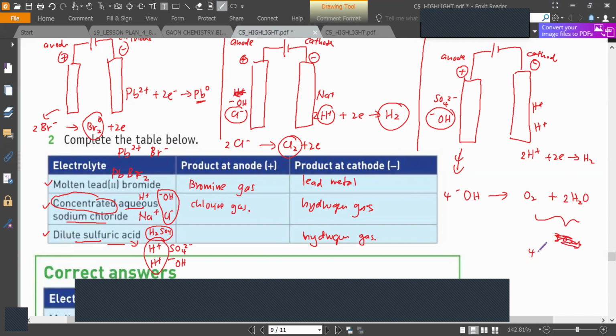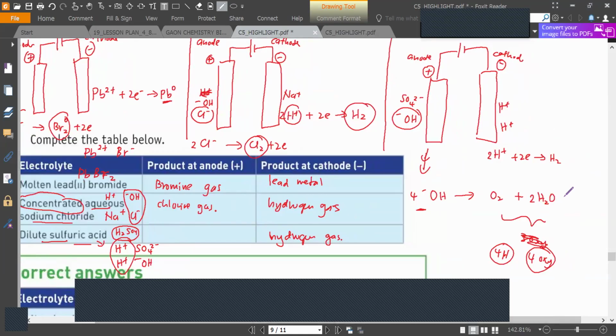So this is 4 hydrogen, 4 oxygen. No problem. Now we need to balance the charge. Here is 4 negative charge, so we need to balance with 4 electrons.